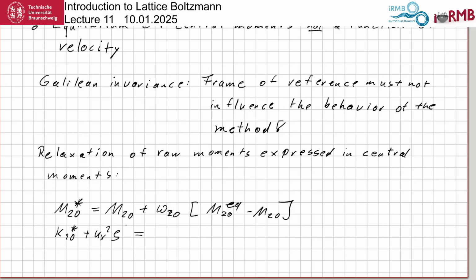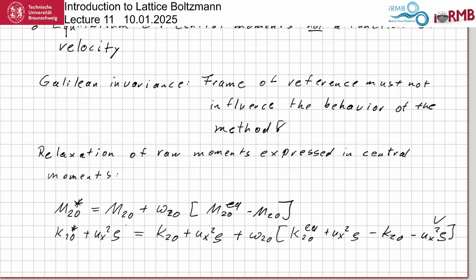We'll have the same thing on the other side, the pre-collision state plus ux square rho, plus omega 20 times the equilibrium K20 plus ux square rho minus K20 minus ux square rho.